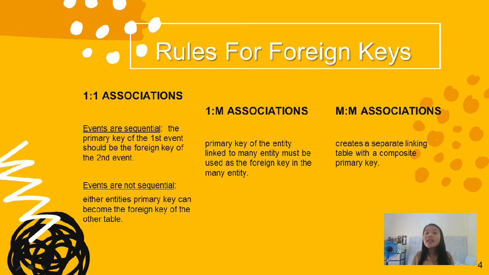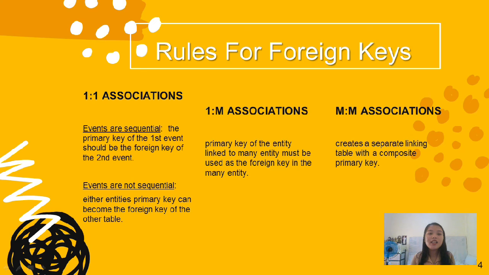Now, let us go to the keys in many-to-many associations. Here, you create a separate linking table with a composite primary key. Tables in many-to-many association cannot accept an embedded foreign key from the related table. Instead, the database designer must create a separate link table to contain the foreign keys.